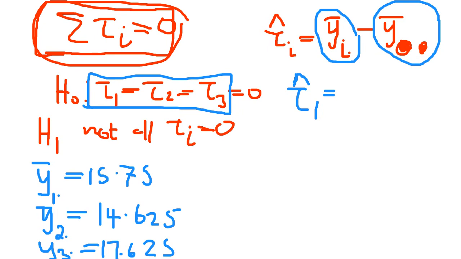Is that the overall mean? Y dot dot. 16. Thank you. Are we having same replications here?